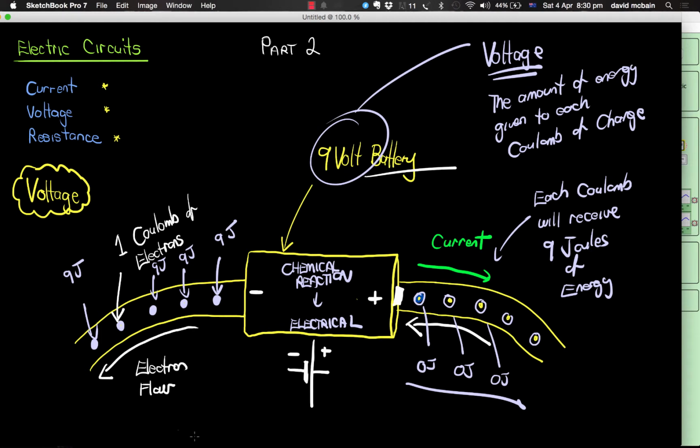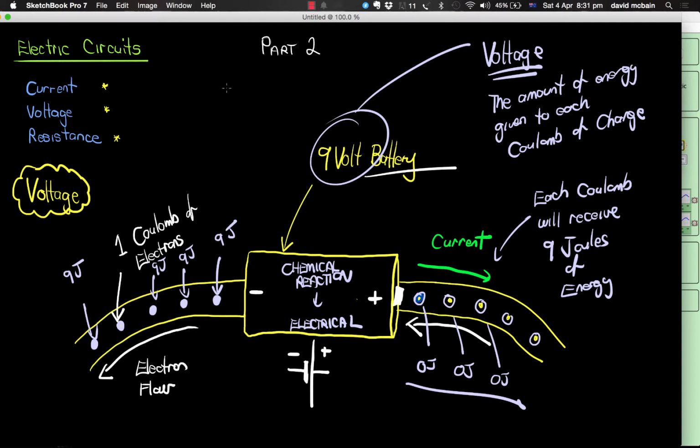Think of it like this: this little battery is your mum or dad giving you some pocket money to go and spend at Luna Park. The condition is, whatever money they give you, you've got to spend it all at Luna Park. So if they gave you $50, as you walk into the gate with $50, you have to spend that whole $50 by the time you leave the park. That's a very simple analogy.